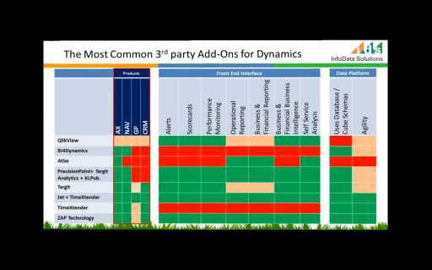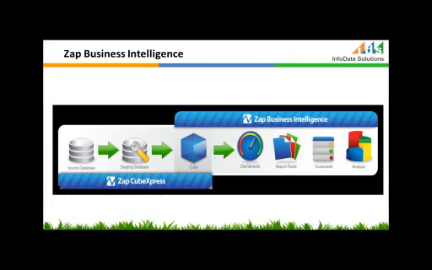How does Zap work then? Why is that so good? Well, it starts by taking the source database, which could be multiple databases with different data sources, historical or different ERP products, and putting them into a staging database and building one cube. The Dynamics products already have cubes built into them; part of the problem is the ability to pick up on the different cubes, and when you start getting cross-cube reporting.